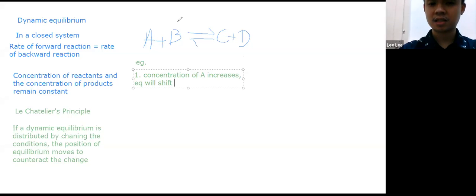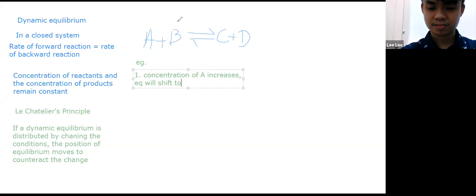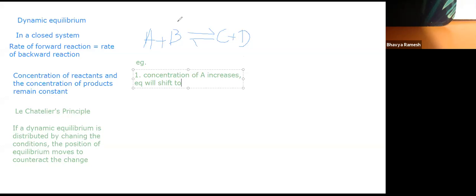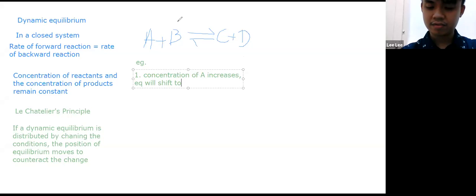To counterbalance this. If you increase A, it's heavier on the left side, right? You understand what I'm asking? So where should the equilibrium go?